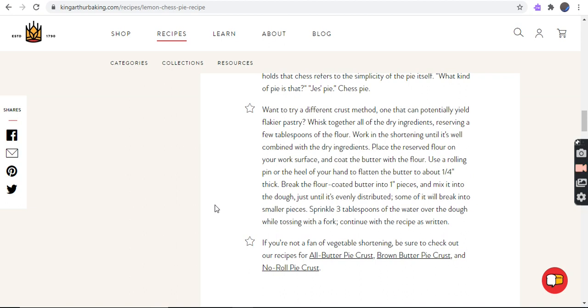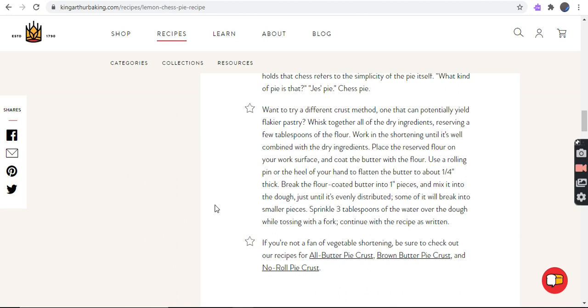Want to try a different crust method? One that can potentially yield flakier pastry? Whisk together all of the dry ingredients, reserving a few tablespoons of the flour. Work in the shortening until it's well combined with the dry ingredients. Place the reserved flour on your work surface and coat the butter with the flour.